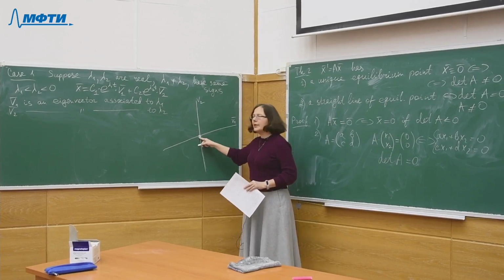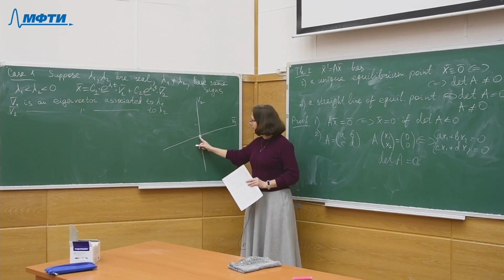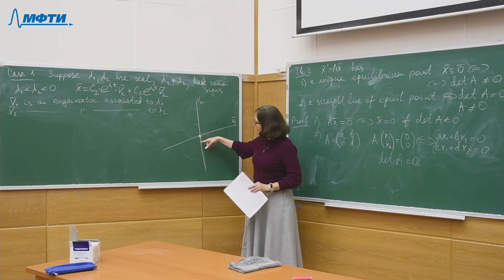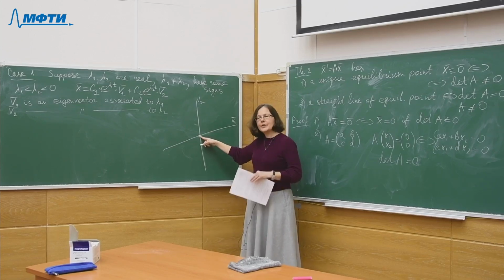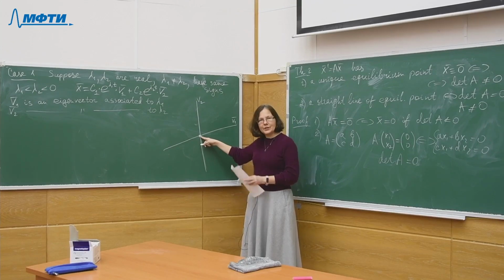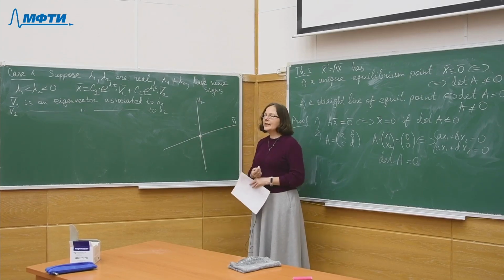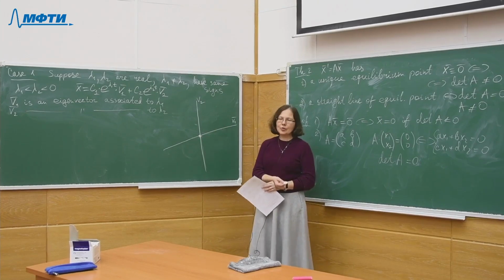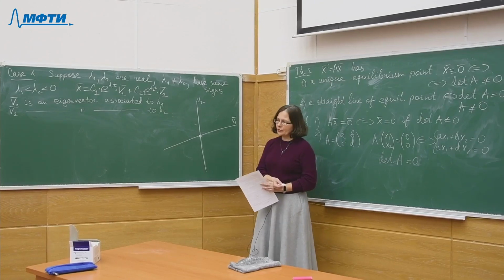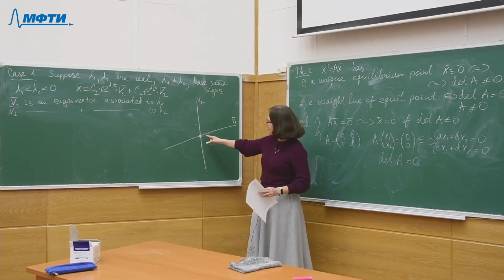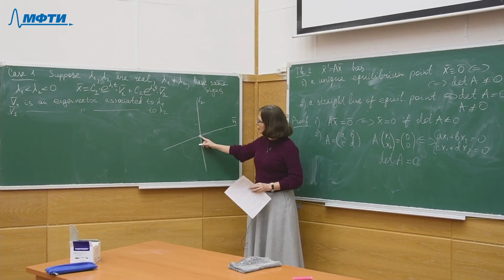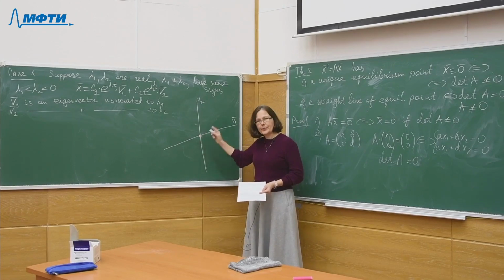This is the equilibrium point. If we start from this point, we will remain at this point for any t. If x is 0, then x will be 0 for any time, so we will not go away from this point.